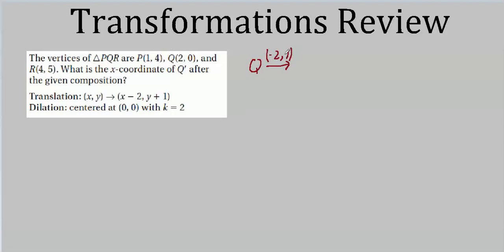We could say that this translation amounts to, well, Q was 2, 0, so it's going to go to 0, 1. Dilation centered at 0, 0 with k equal to 2. We just have to multiply everything by 2 and get 0, 2.